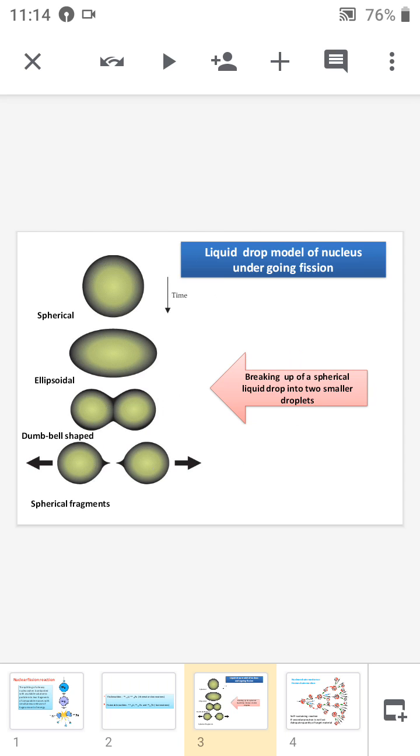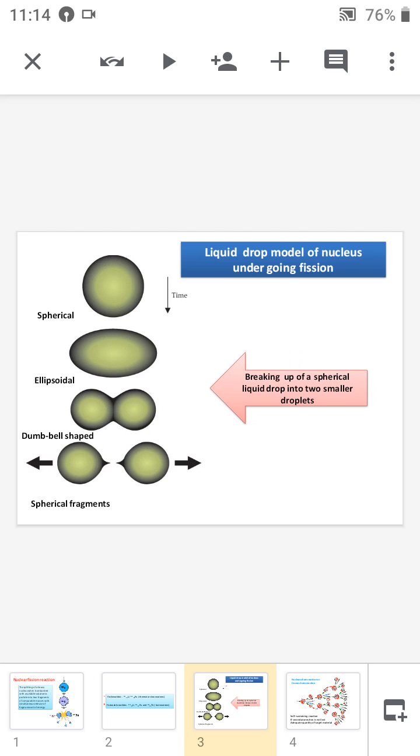Before that, our target nucleus is in a spherical shape. After capturing this particle, it will deform into an ellipsoidal shape, and as it is a heavy nucleus and really unstable, it deforms into a dumbbell shape.